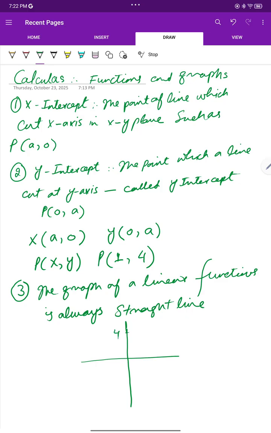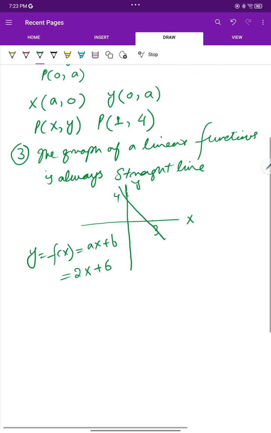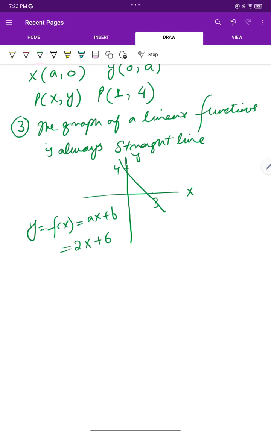Let's say it's 4. So this is always a straight line, and it can be written as y is equal to f of x. So this is the linear function graph.